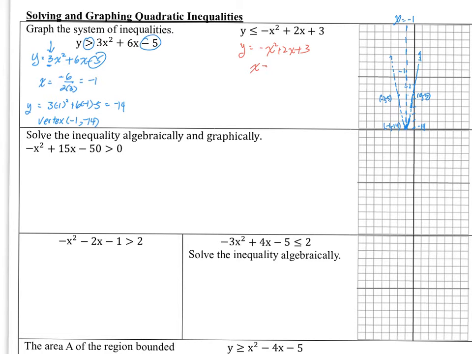So x equals negative 2 over 2 times negative 1, which is 1. And this will come out to be 4. So our vertex is at 1, 4. Y-intercept of 0, 3. I'm going to draw the line. The axis of symmetry is at x equal to 1.